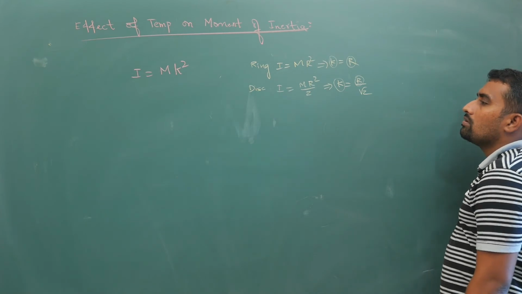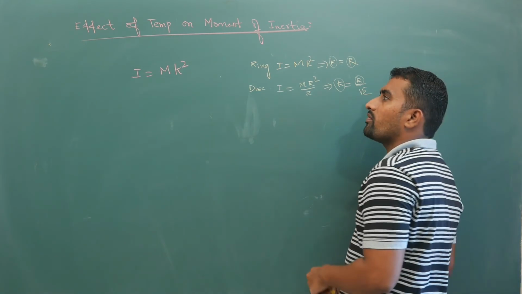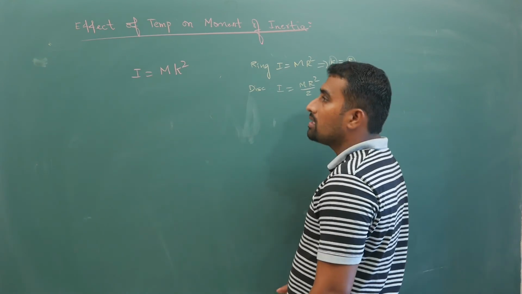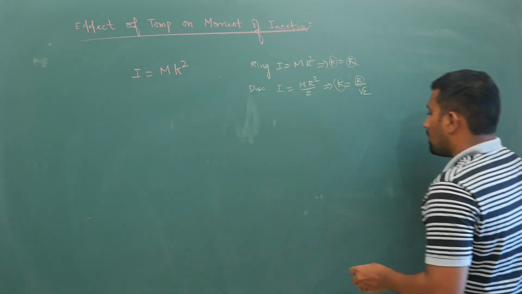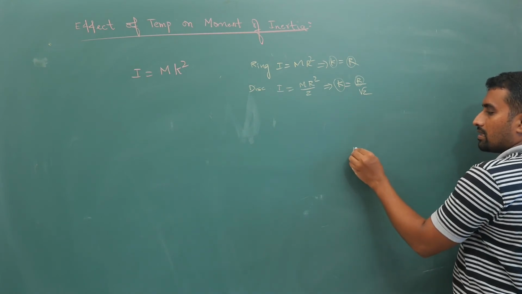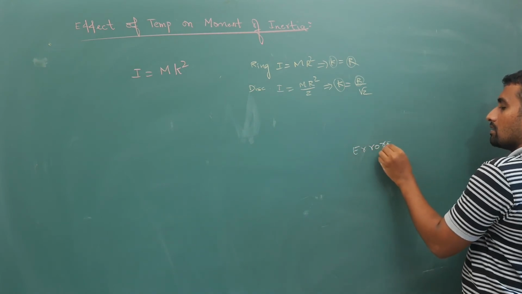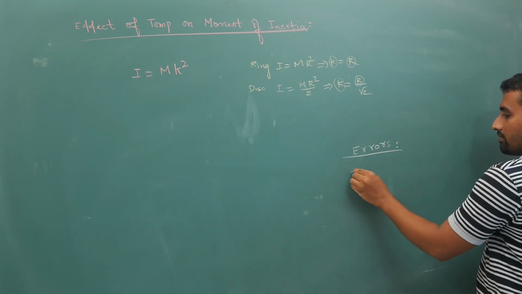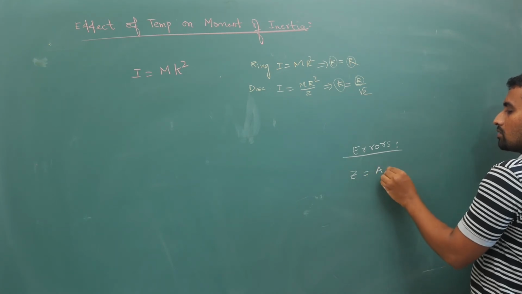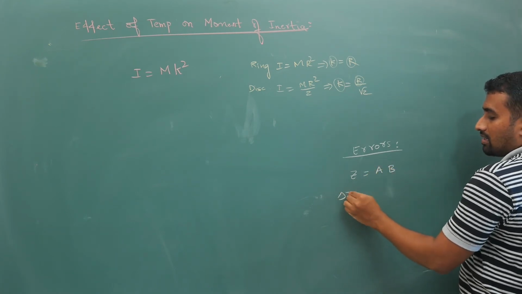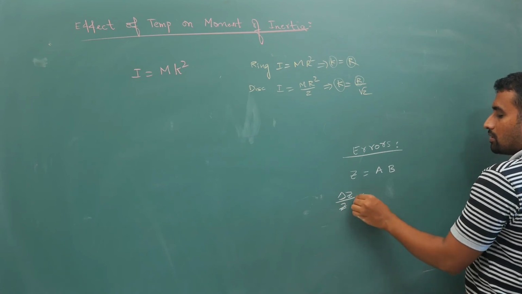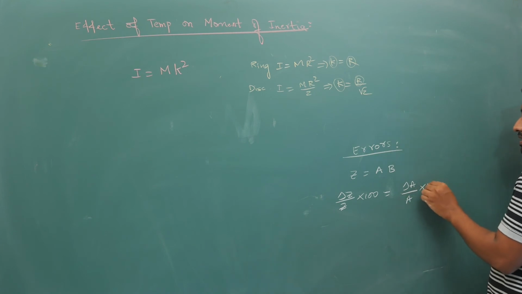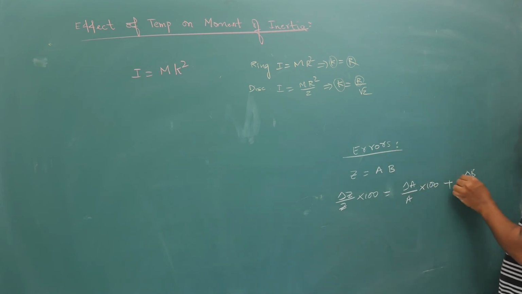Okay, so now my point is, if you are trying to calculate your percentage change in moment of inertia, such kind of stuff, if you have studied your errors chapter properly, in the starting units and dimensions, this will be there. So if you have z is equal to a into b, delta z by z into 100, the percentage change in z is delta a by a into 100 plus delta b by b into 100.